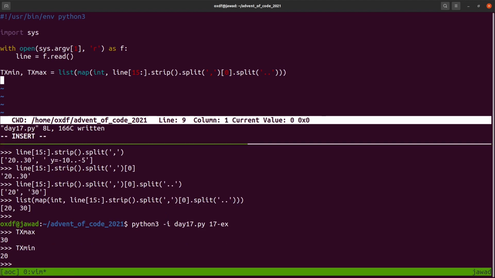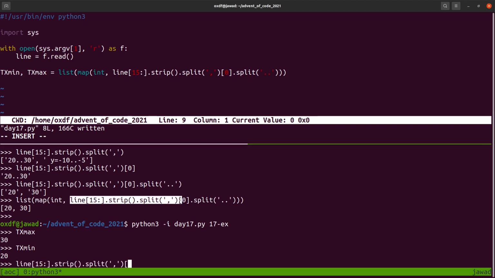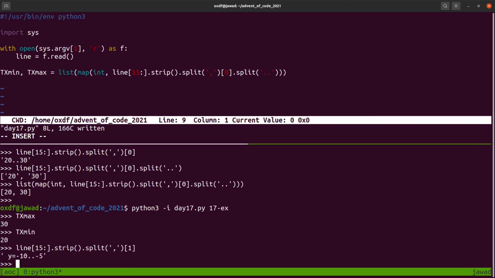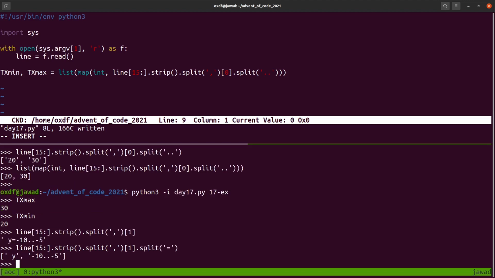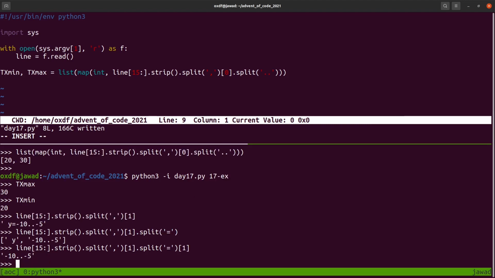Okay. So now we just need to figure out the y's. We're going to start with line 15 strip, split on that. I'm guessing we're going to take 1 right there. And now we can split on equals. Take 1.